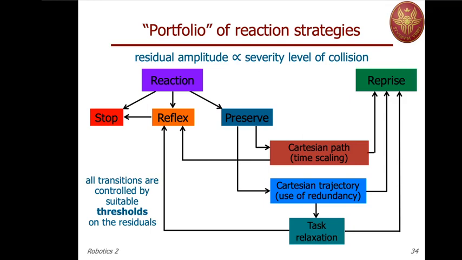If you were doing a Cartesian path, but in principle also a joint path, and with a given timing law, you may decide to preserve the path and rescale time, by stopping and possibly reversing because of the presence of a collision or an obstruction.